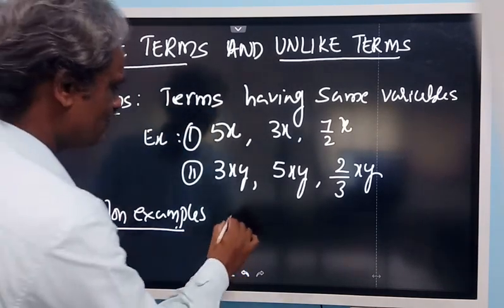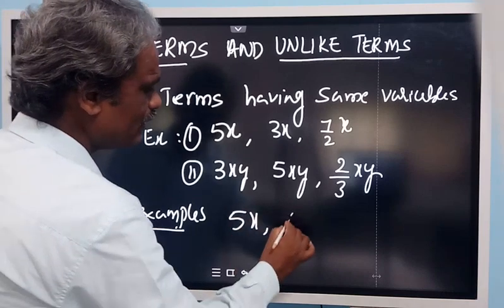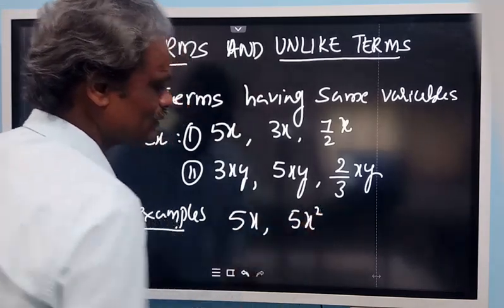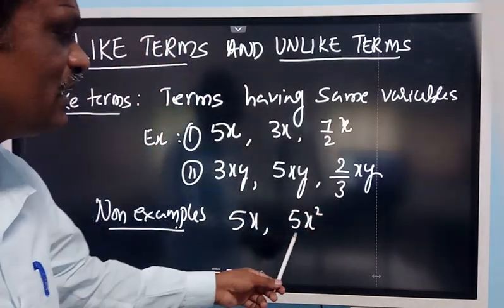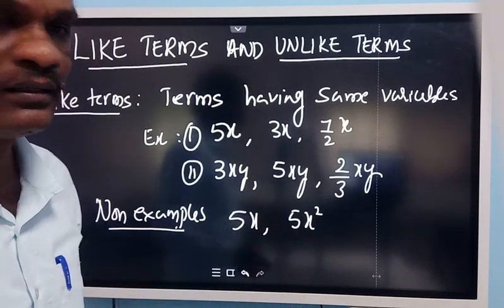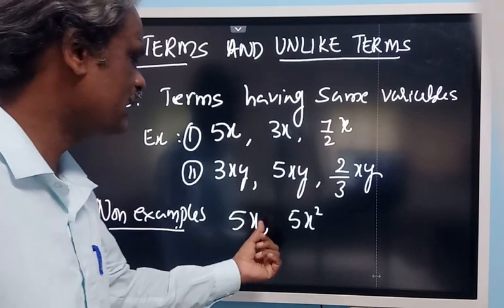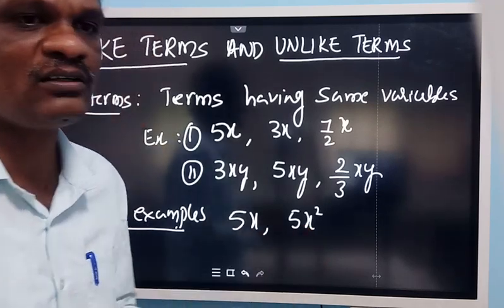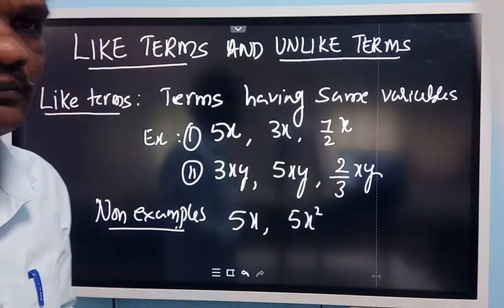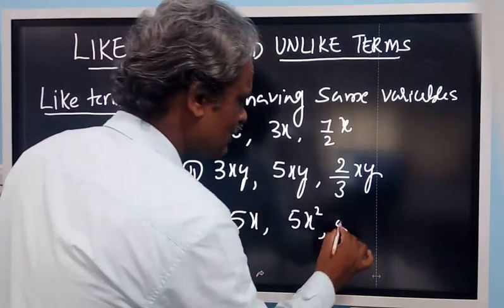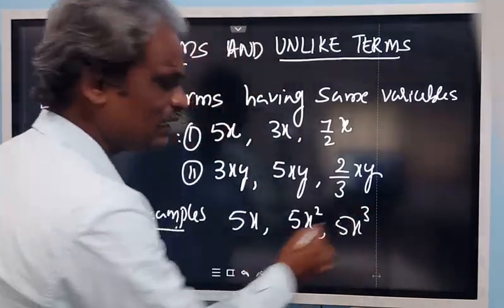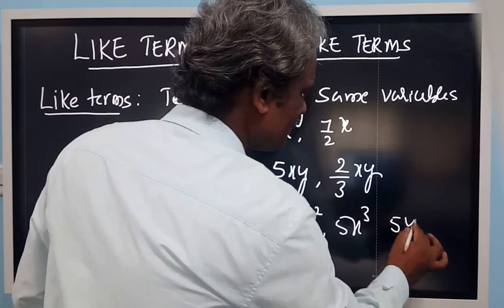So I will write 5x square. Look at this. Even if x square is there, it is different from x. By seeing x here, you cannot conclude that it is a like term. 5x cube is also an unlike term. They are all unlike. 5y.